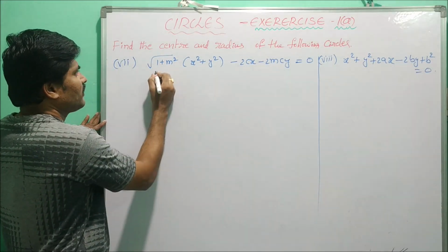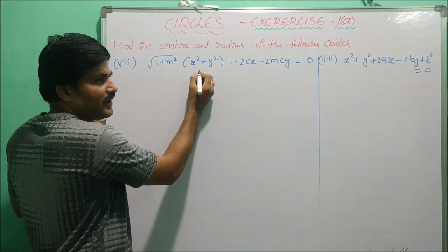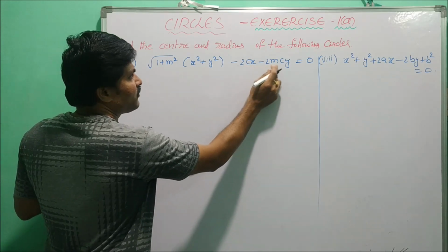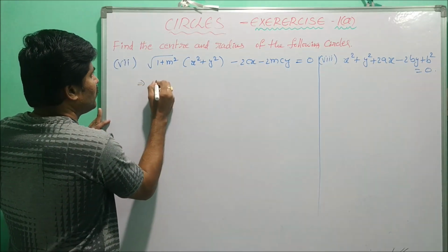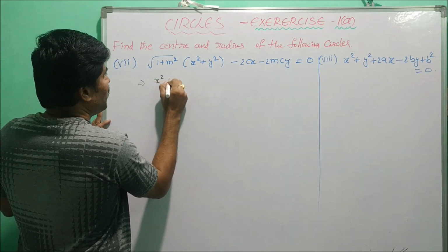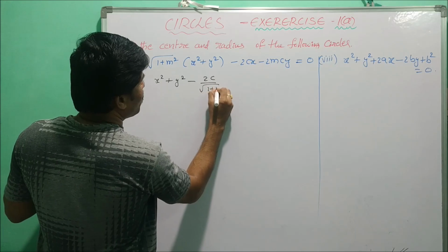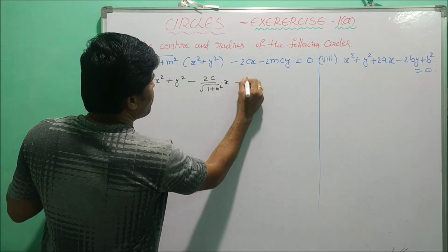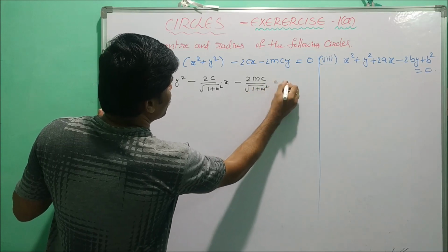Now the seventh one is, the circle is square root of 1 plus m square into x square plus y square minus 2cx minus 2mcy equals 0. First of all we divide with square root 1 plus m square. That is x square plus y square minus 2c by square root 1 plus m square into x minus 2mc by square root 1 plus m square into y equal to 0.